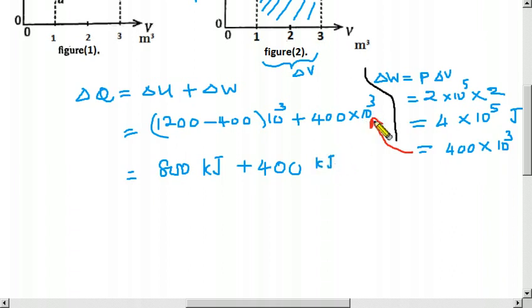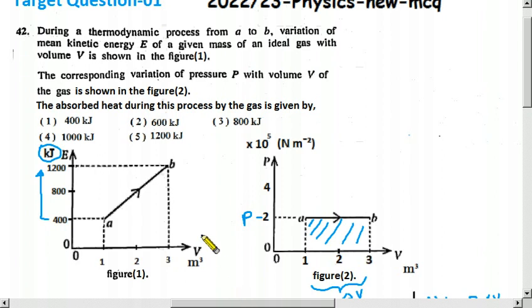Instead of this 10 power 3, we write kilo. So altogether 1200 kilojoule is the total heat absorbed, delta Q. So here is the answer, this one, the fifth one.